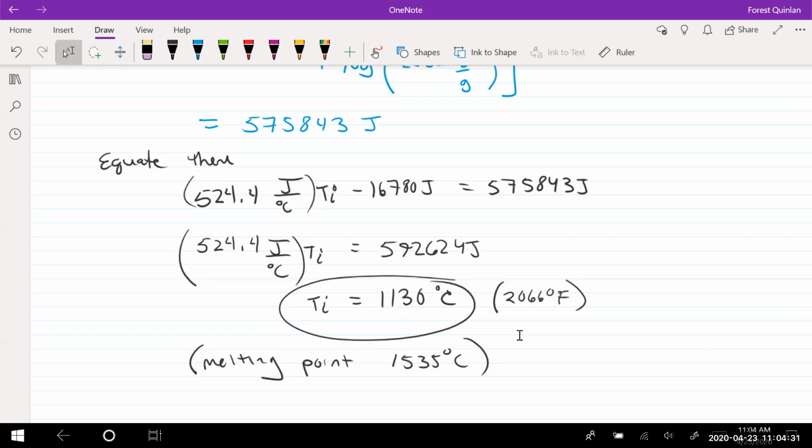This range, by the way, is exactly where they would want to do this sort of annealing process and hardening process. So it makes sense that we would get close to that. If you ever get to a materials science course, you'll learn that they wanted to get it close to this range of temperature. It allows for the shaping of the metal as well as the hardening of it.